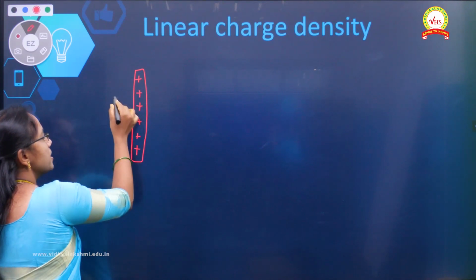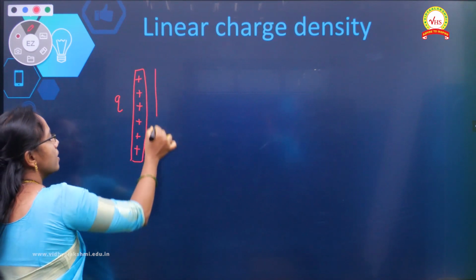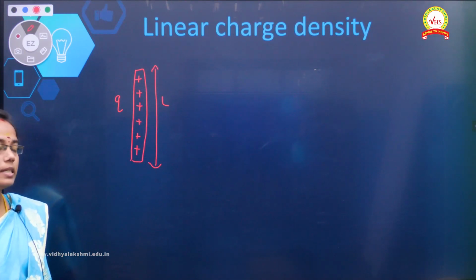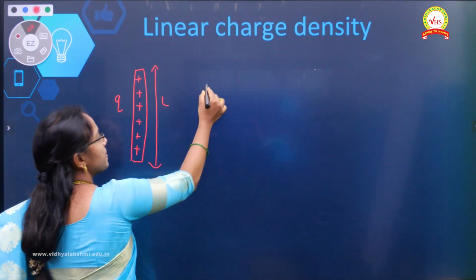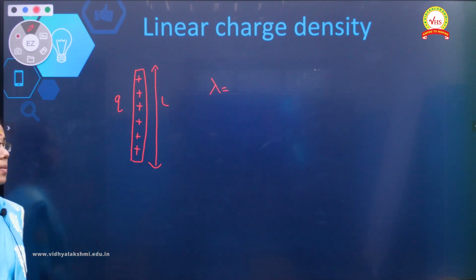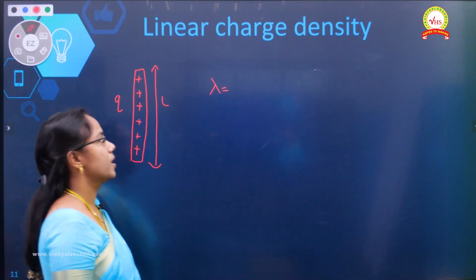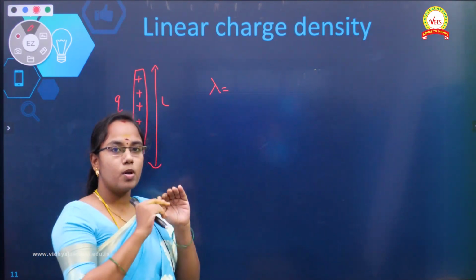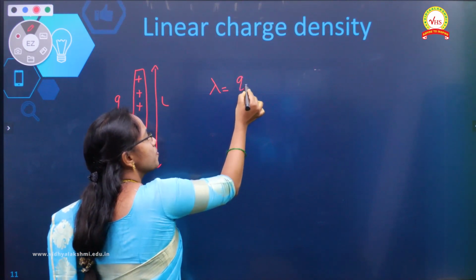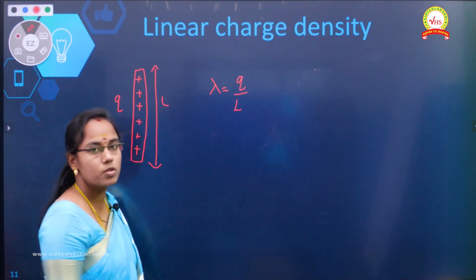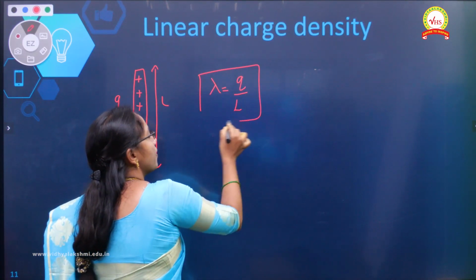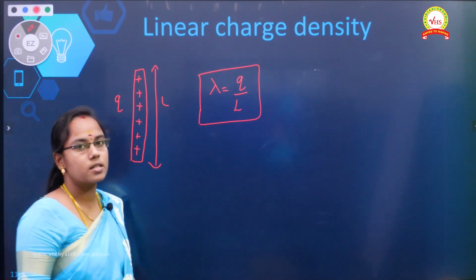Let the charge be represented as Q and the length be called L. Linear charge density is usually represented by the symbol lambda. Lambda is nothing but the amount of charge present per unit length of that line segment. So this is the equation to find the linear charge density.